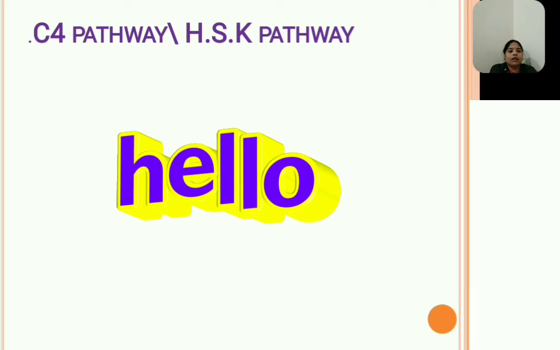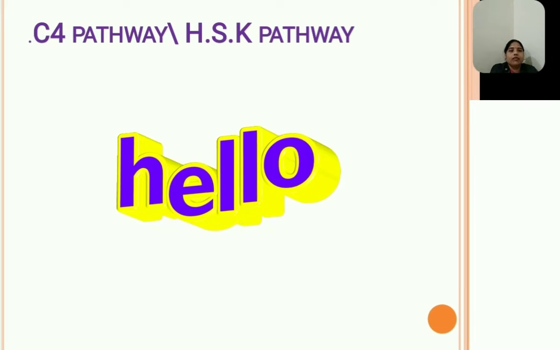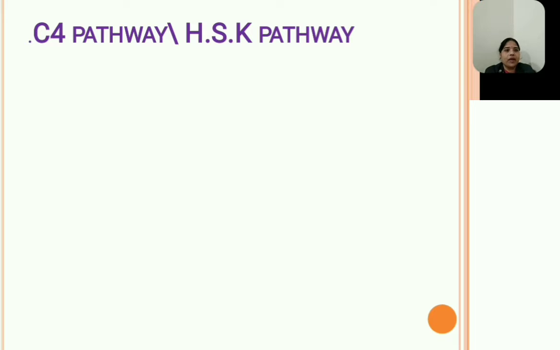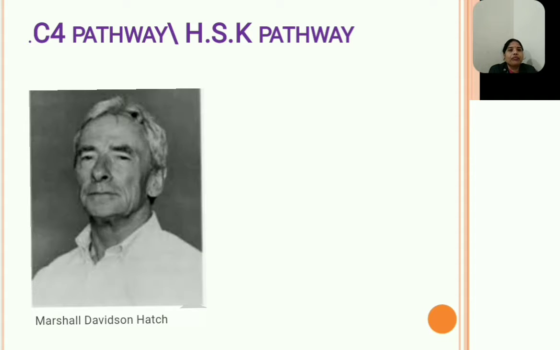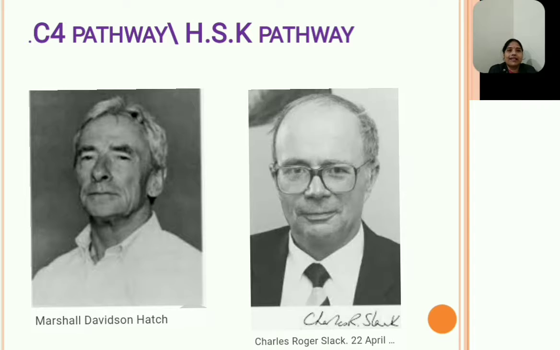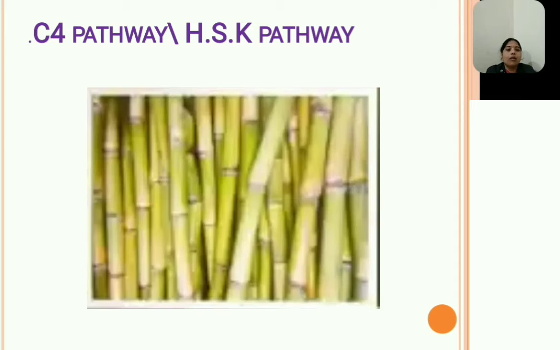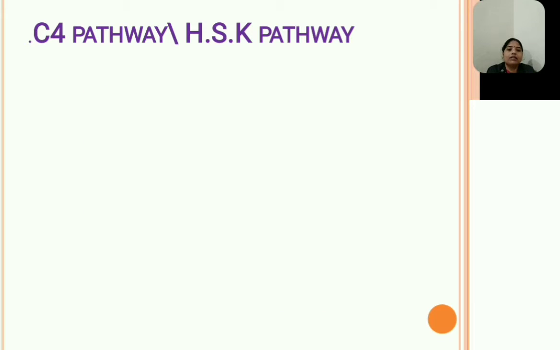Hello students. So first we study the C4 pathway or HSK pathway. MD, H and C are slag. While working on sugarcane, a 4 carbon compound, a dicarboxylic acid, was found as the first stable product of photosynthesis.